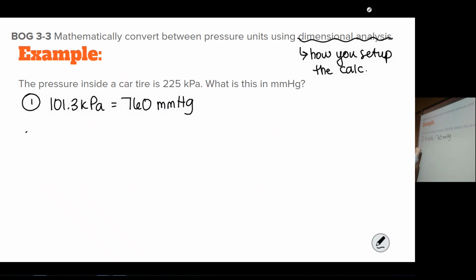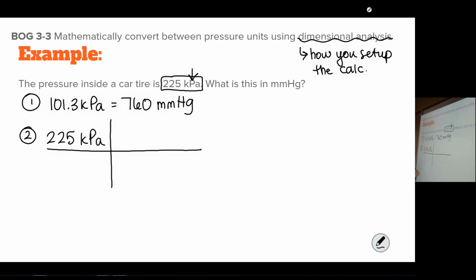Okay, so now I just set up my conversion according to my dimensional analysis, just showing that my units cancel out appropriately. So I'm going to again start with my given. Okay, and I know that in order to get rid of my kilopascal unit, I have to divide my number by that. So it always falls to the bottom.